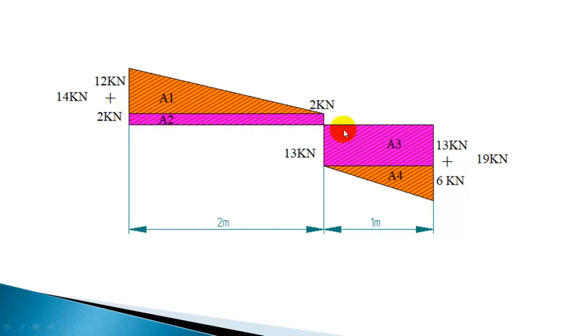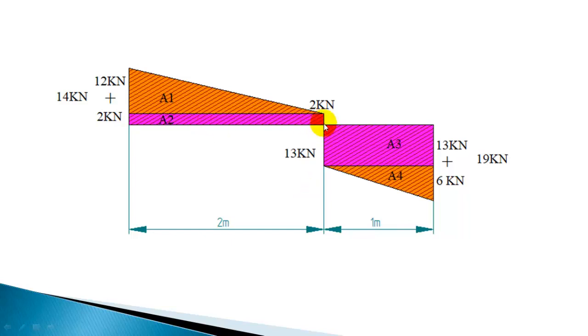A2 area is 2 into 2, 4 kilonewton meter. And triangle area is 12 into 2 divided by 2, that is 12 kilonewton meter. So 12 plus 4, 16 kilonewton meter, is the bending moment at this point.